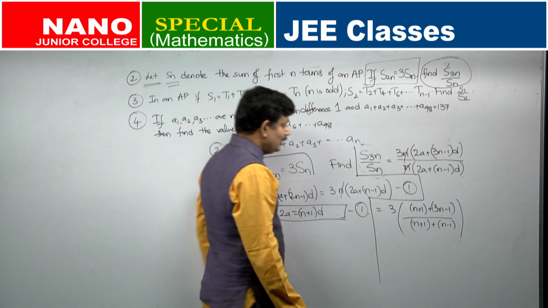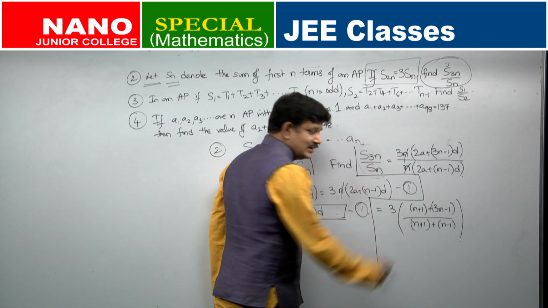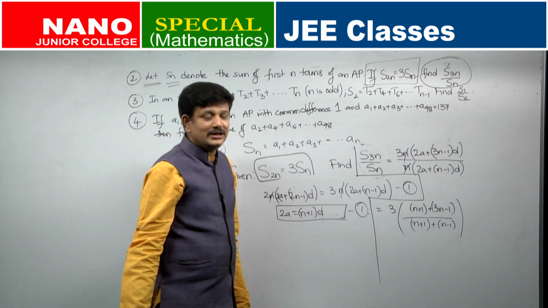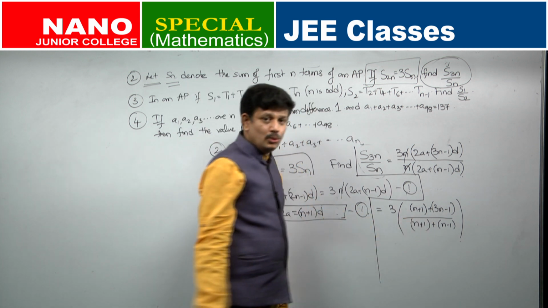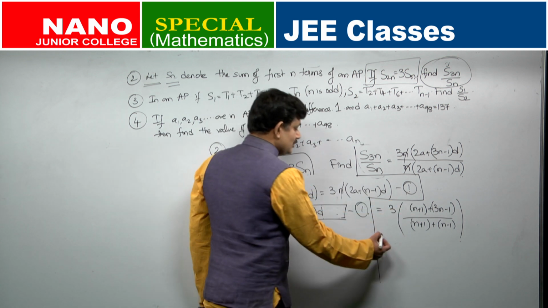Okay. So, what more can you see? 1 and 1 is getting cancelled, 1 and 1 is getting cancelled. So, numerator is how much? 4n, denominator is how much? 2n. So, 4n divided by 2n is how much? 2. So, what is your answer?